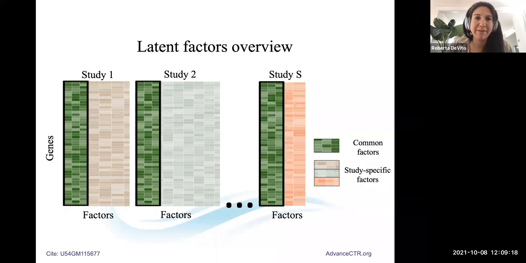But they also realize that there could be some variation across different studies. And this variation can come from biological variation or also the platform in which gene expression is measured. Of course, this idea can be applied, and I will show you later, to many different data sets where the aim is to capture a shared component and also a study-specific component.